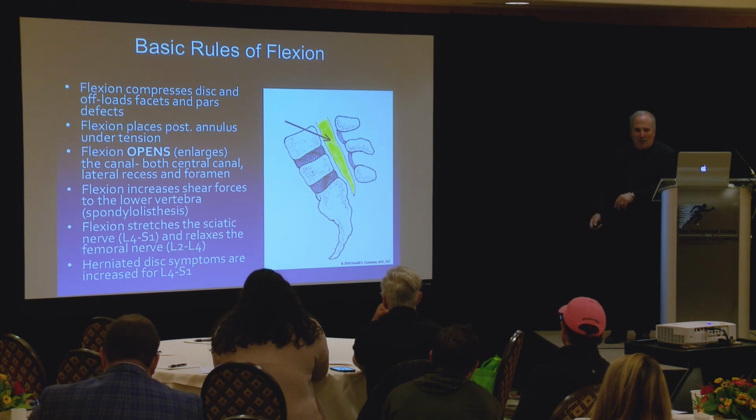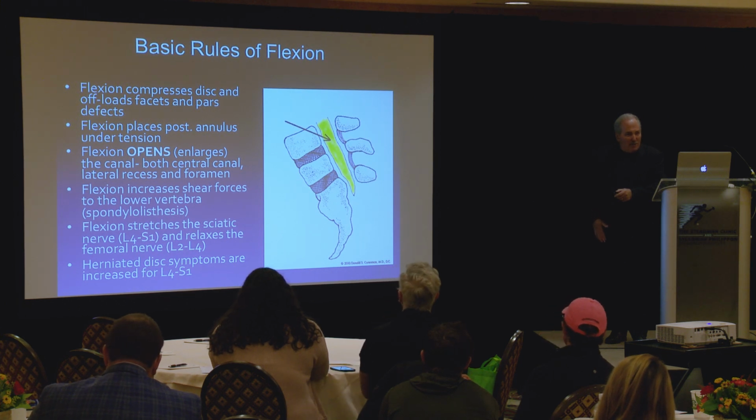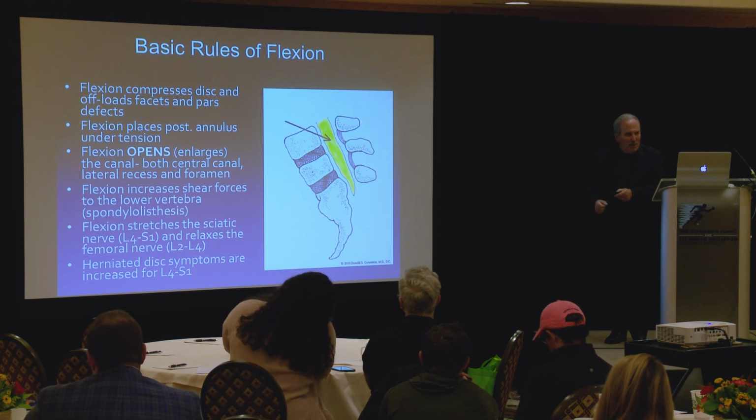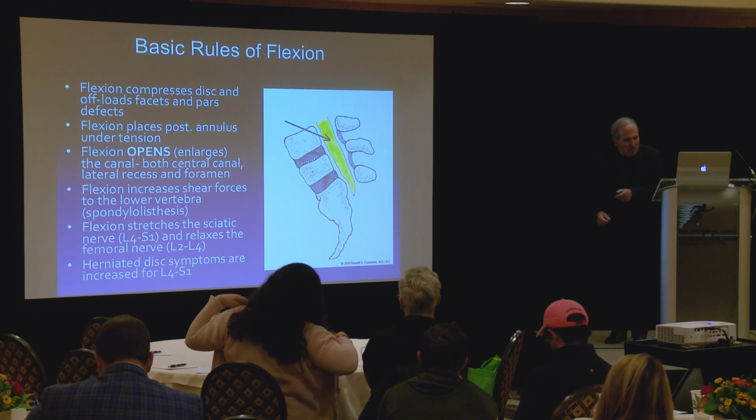Flexion stretches the sciatic nerve and relaxes the femoral nerve. This is important. The femoral nerve goes where, the sciatic nerve goes where? Just basically in the pelvis. Femoral nerve goes in the front of the pelvis, down the front of the leg. Sciatic nerve goes in the back of the pelvis. Think of a cable on a pulley. When you bend forward, what are you doing to the sciatic nerve?